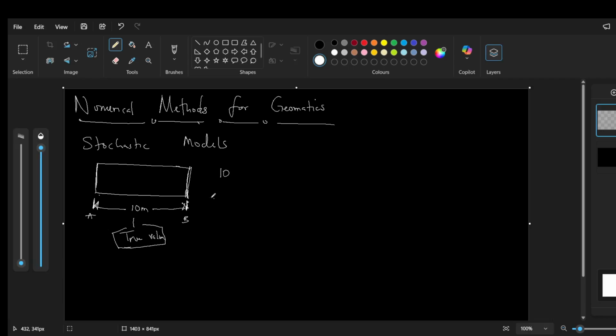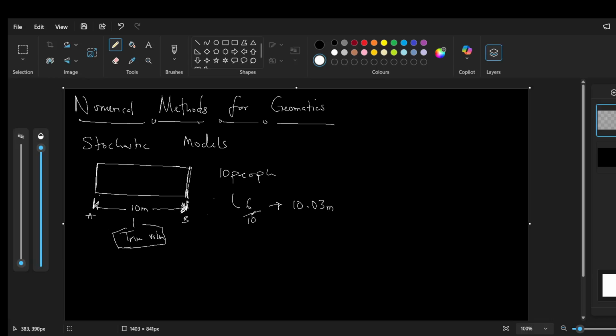If 10 people measure this distance with, let's say, tape measures, 6 out of 10 measure this distance as, let's say, 10.03 meters.